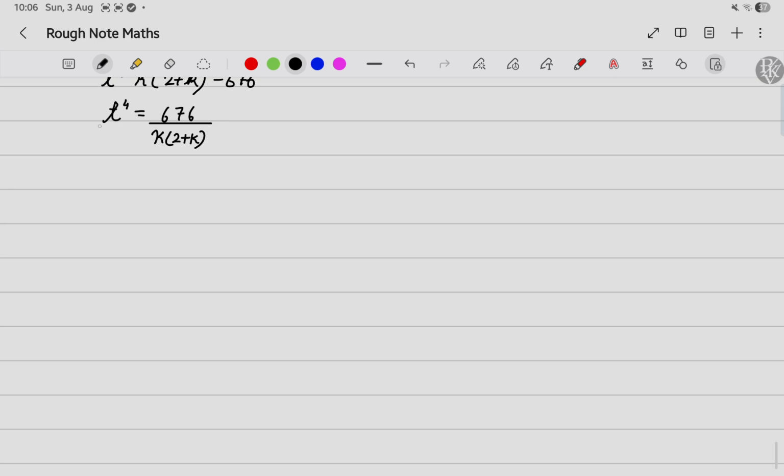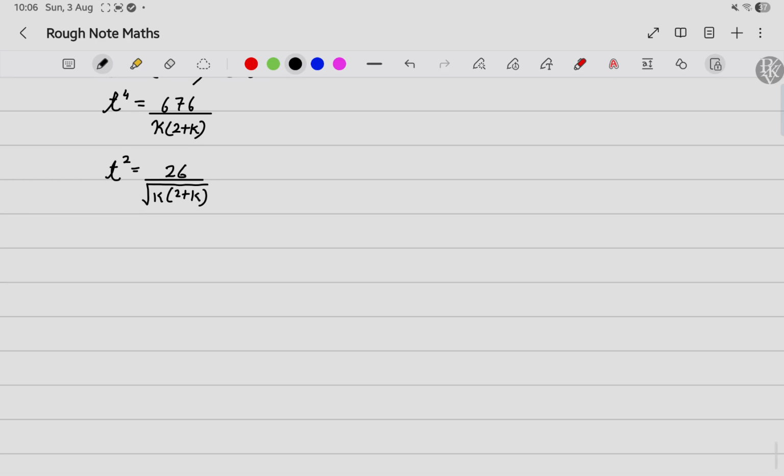Now what I'm going to do is take square root on both sides of this equation, and I'll get t square as 26 divided by the square root of k times (2 + k).